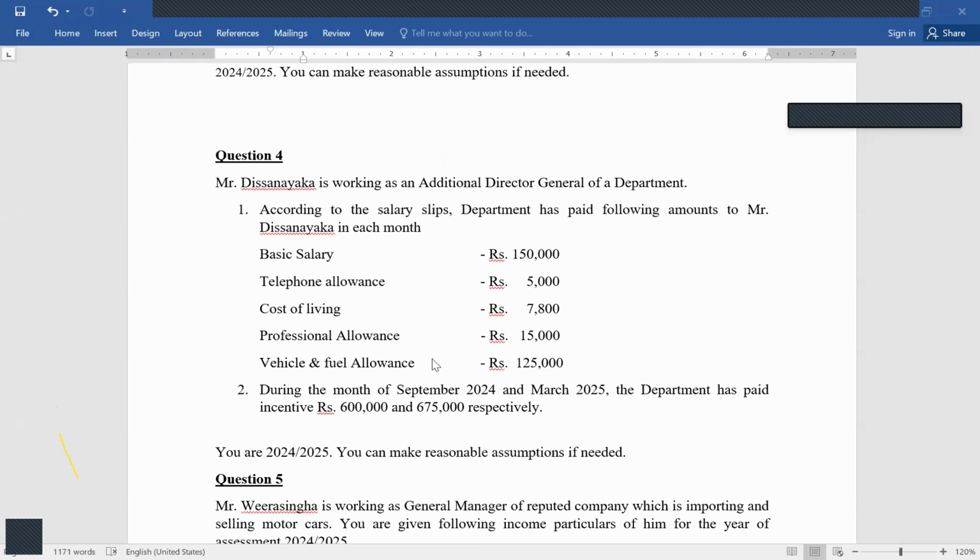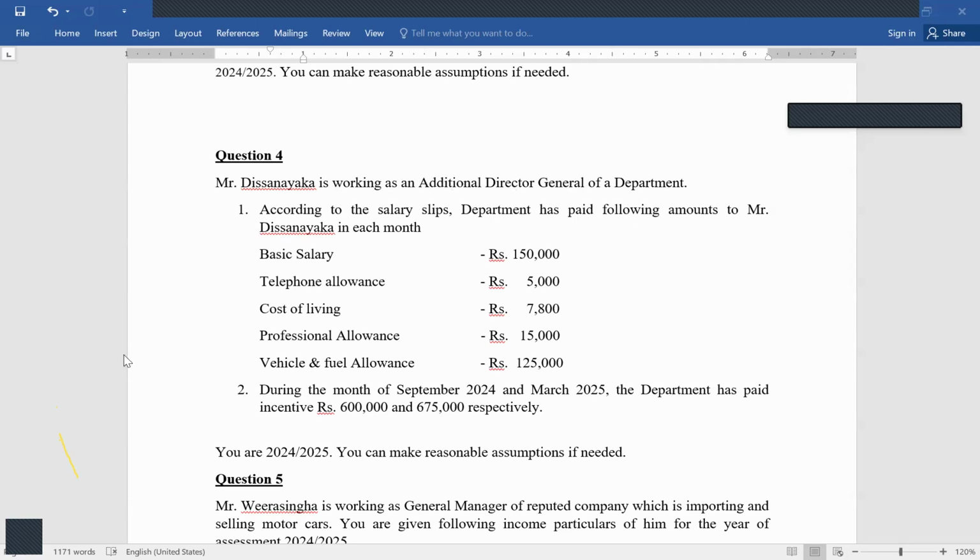Next one. Mr. Disanayaka is working as an additional Director General of a department. So up to now, we have calculated the tax liability of private sector employees. Now we are moving to a government sector employee. So that person is an additional Director General of a department.